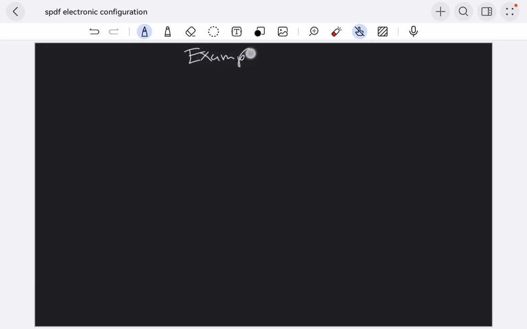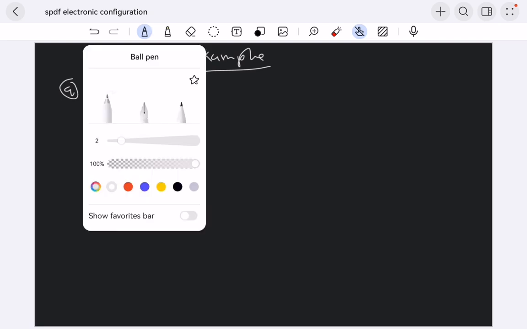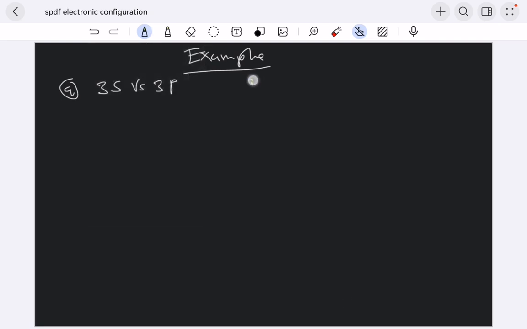What do they mean? So, which one do we fill first when we have 3s versus 3p? Using the N plus L rule, where N is the energy level, then L is given by N minus 1.